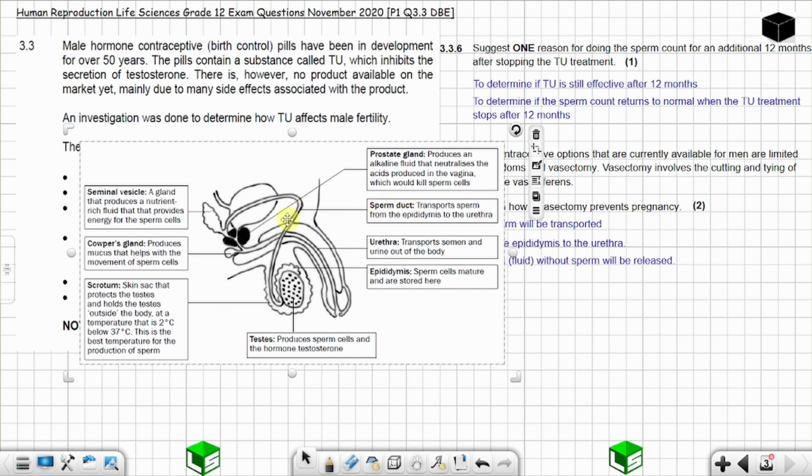When they cut it and tie it, the sperm will not be transported from the epididymis to the urethra and from the urethra outside of the body during ejaculation. So when they cut it, no sperm will be transported. You are going to have only semen without sperm being released during ejaculation. Okay, so this is one way to prevent pregnancy.